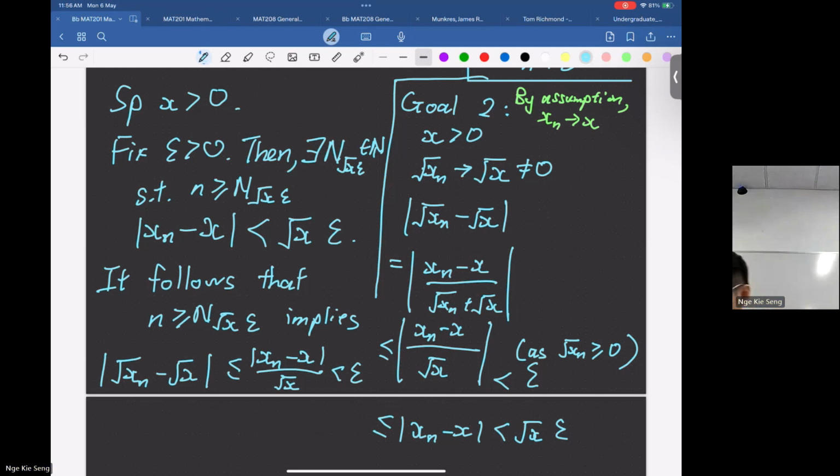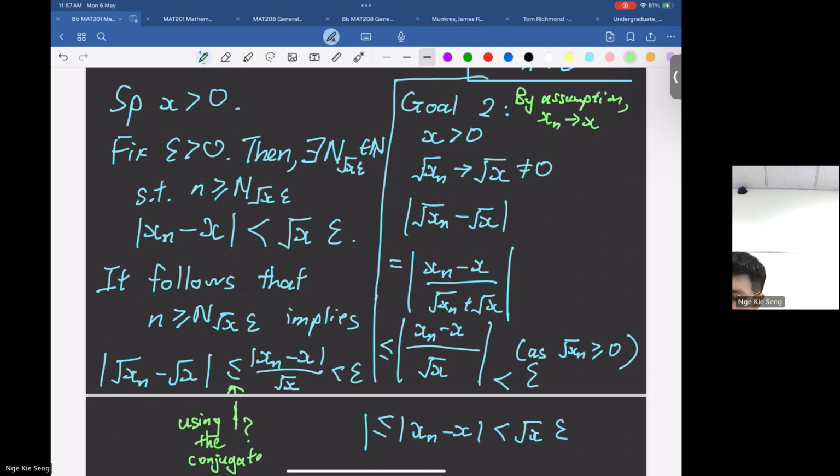Make sense or not? So why is this part, this square root less than epsilon, true? This is using the conjugate of square root xn and square root x. Okay, does it make sense?